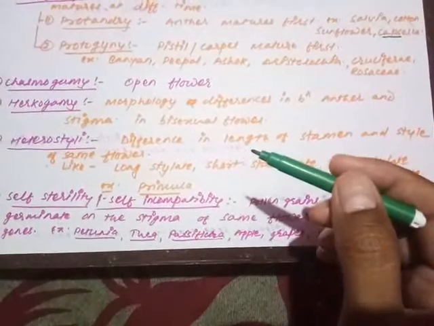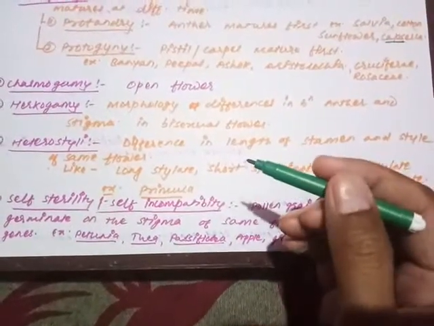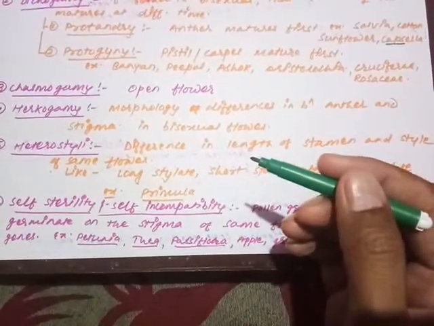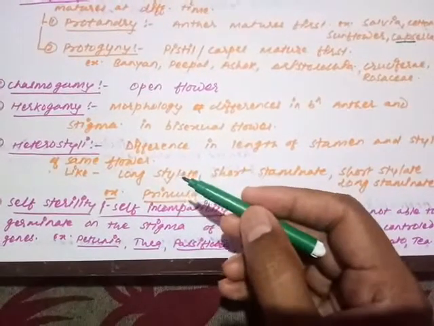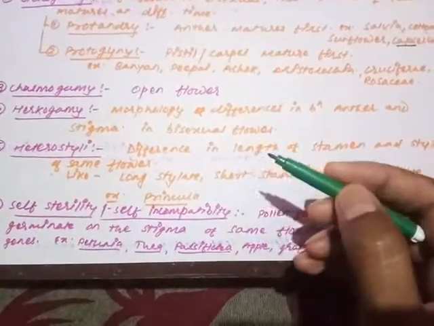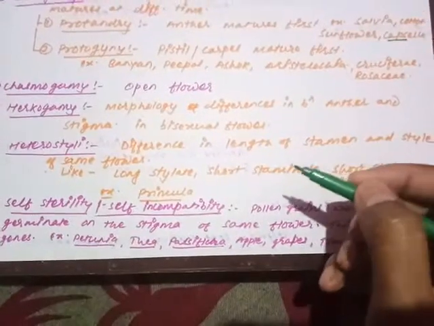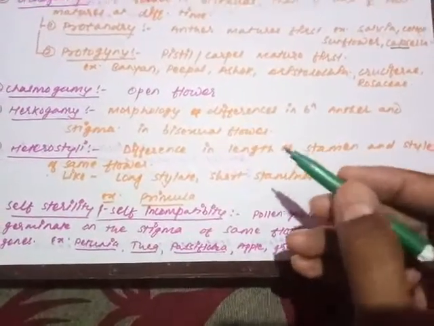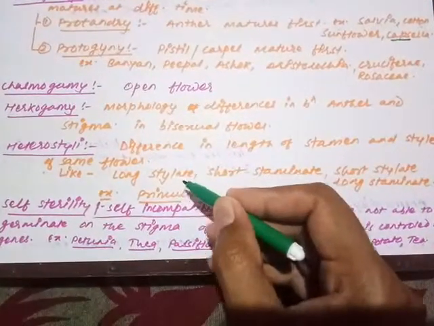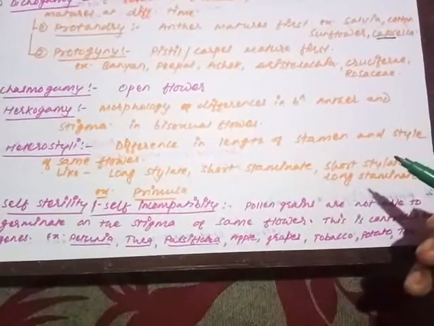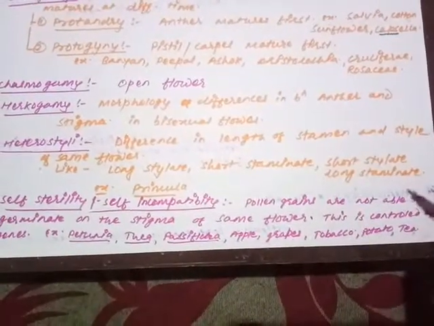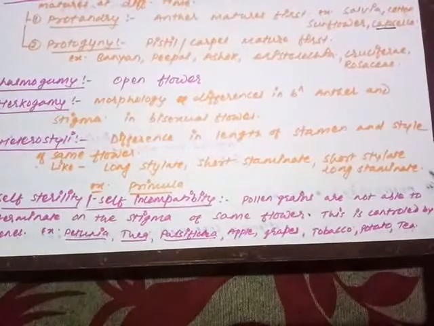Like that, if the flower has a long style, the flower will be called long stylate. If the flower is long stylate, then definitely it will be short staminate. The stamen is short but the style is long. Similarly, short stylate: if the style is short, then definitely the stamen is long, so long staminate.